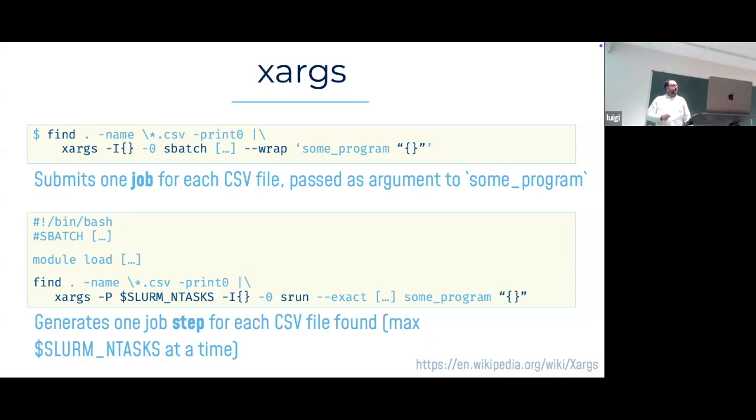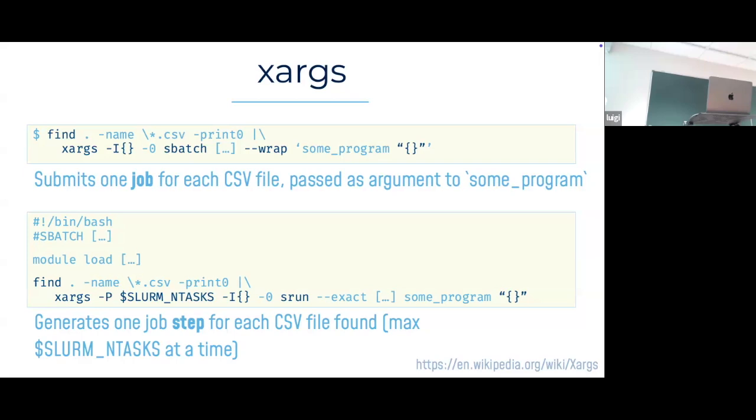It will give a list of files, and xargs will take each element in the list, each file, and feed it to SBATCH at the place where I put this placeholder, which is the same as here. I tell xargs that I'm going to use a placeholder written like this. I can use anything else, but this is a standard way of working. And then I put it here, and so it will run SBATCH.